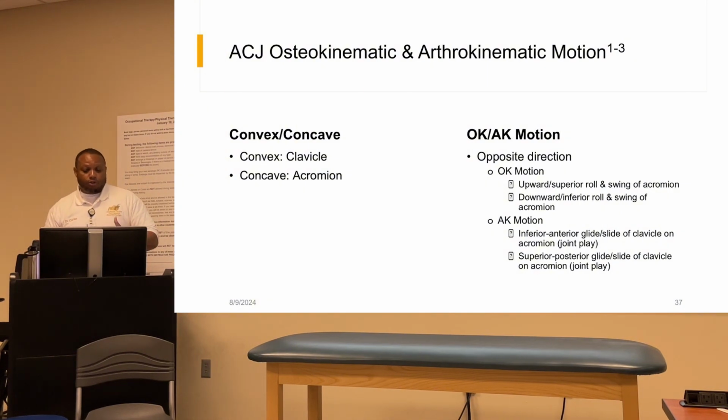So if we have an upward superior roll and swing of the clavicle on the acromion, then we're going to have an inferior anterior glide or slide of the clavicle. All right. So we got an upward superior roll that's going to result in an inferior anterior glide. And we'll go through this in lab. Now, if we have a downward and inferior roll and swing, that's going to result in a superior posterior glide of the clavicle on the acromion.